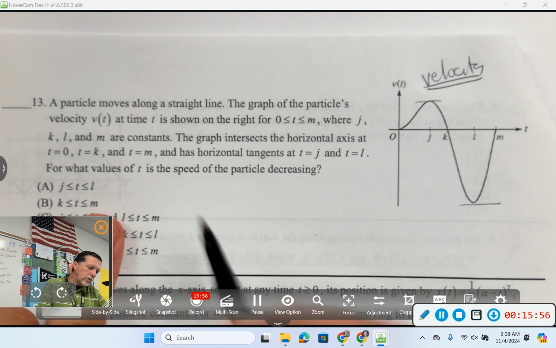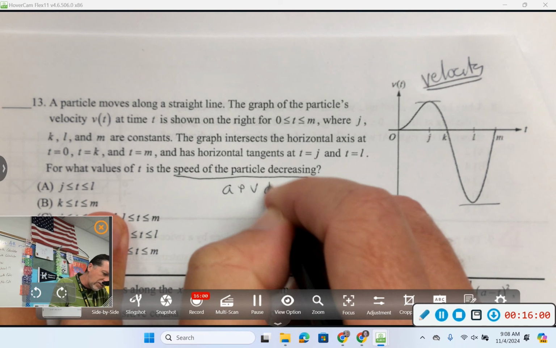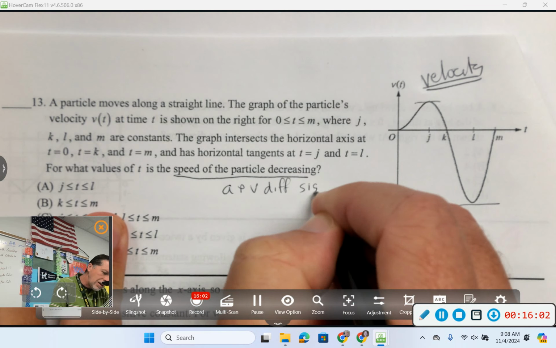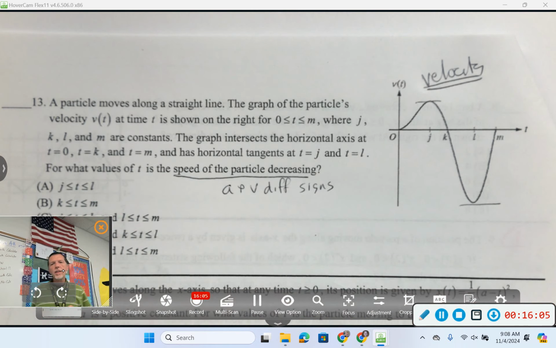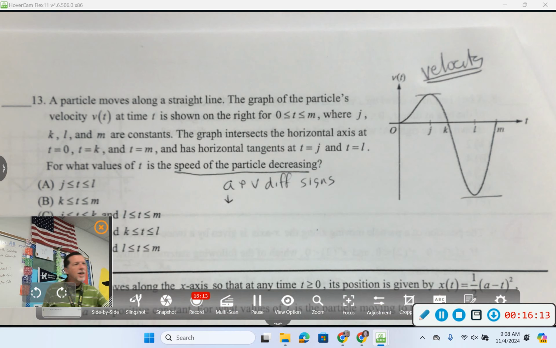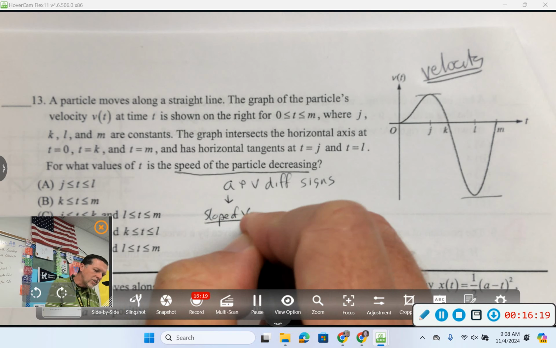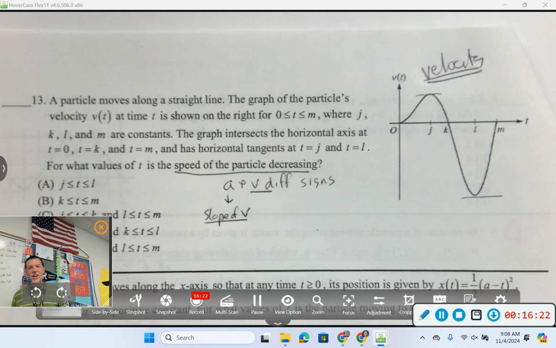For what value is the speed decreasing? So that means A and V have different signs. What is A? If I'm looking at a graph of V, that's the slope of V. So I need the slope of V and V to have different signs.